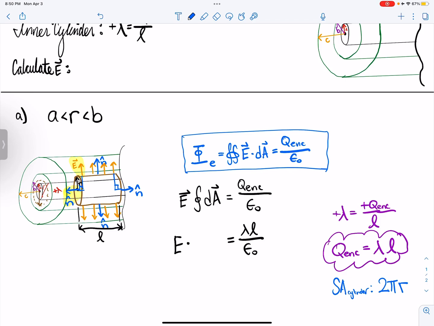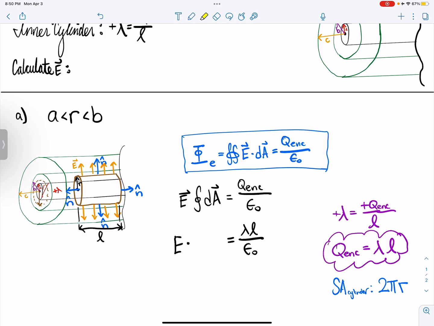So as a result of that, the electric flux for these two surfaces is going to be 0. Whenever the angle between the normal vector and the electric field vector is 90 degrees, the flux is 0.